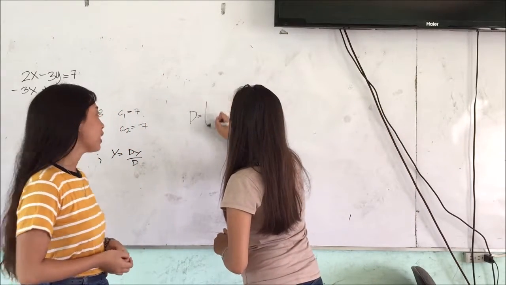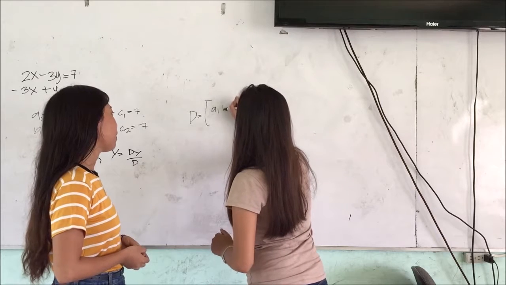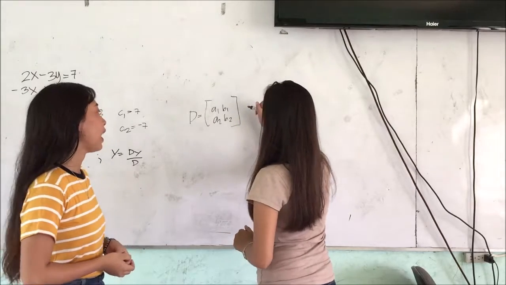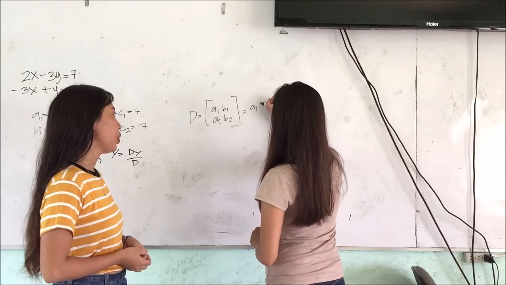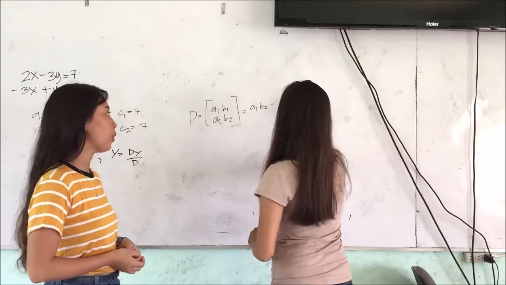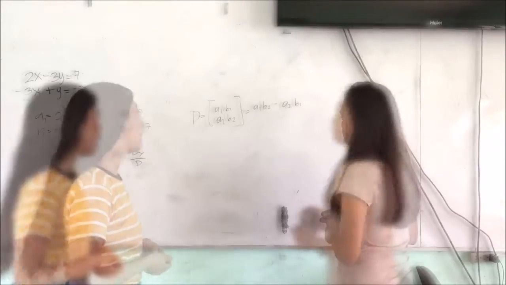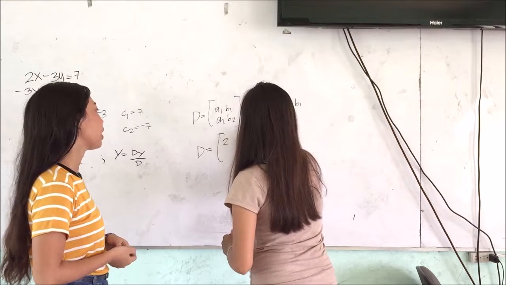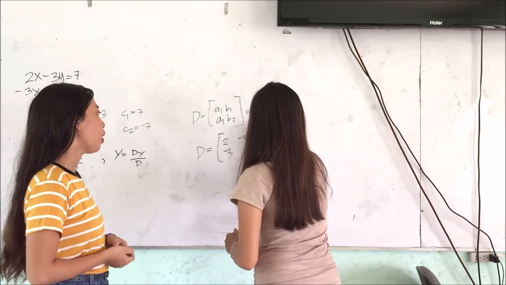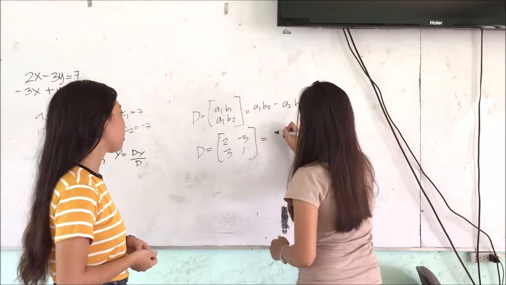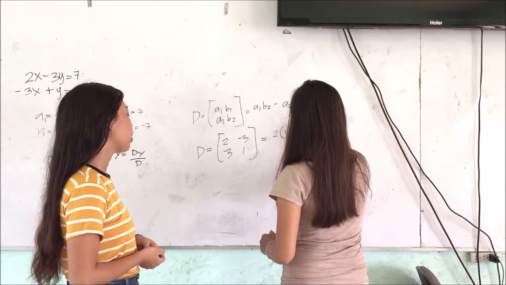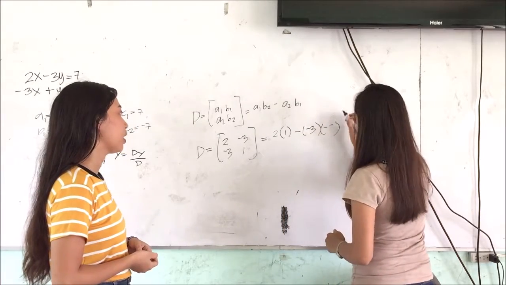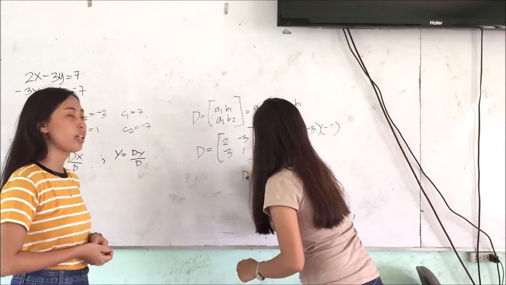Using matrix form, d is a1 b2 minus a2 b1. D equals 2 times 1 minus negative 3 times negative 3. The determinant is negative 7.